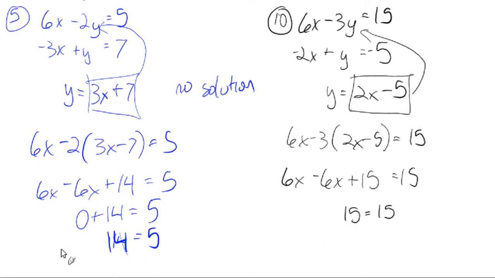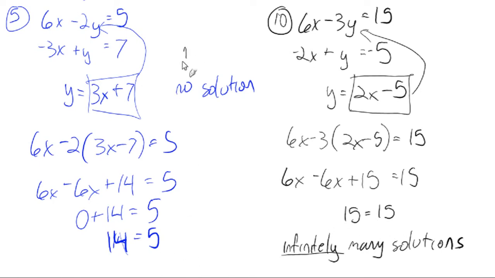So this came out to be false, and there were no solutions. And this came out to be true, so there were infinitely many solutions. There's a lot of solutions, and in fact, there's infinitely many solutions, because this came out to be true and this came out to be false.